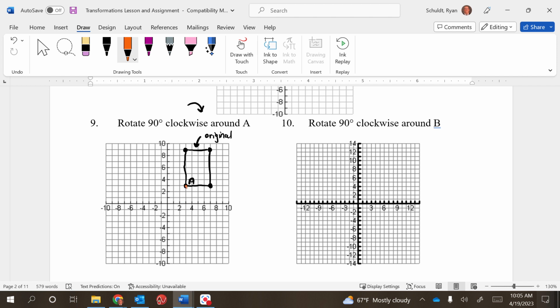So A has to stay. But then this is going to rotate 90 degrees. So this one's going to have to come down 90 degrees. Which means it's 1, 2, 3, 4. So if I go down 1, 2, 3, 4, that's my new point.